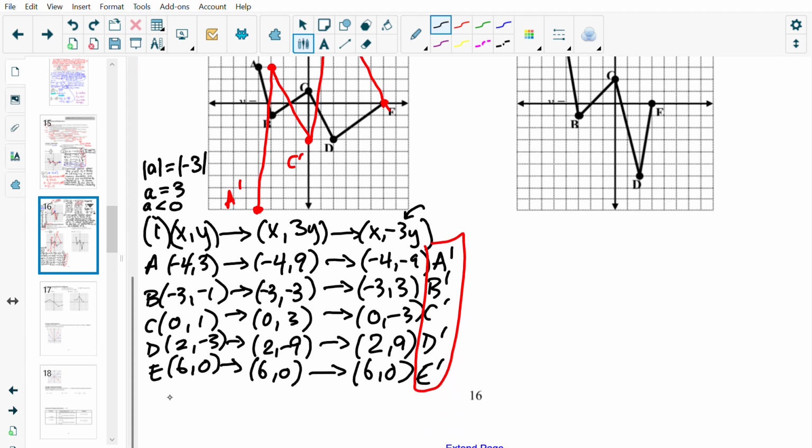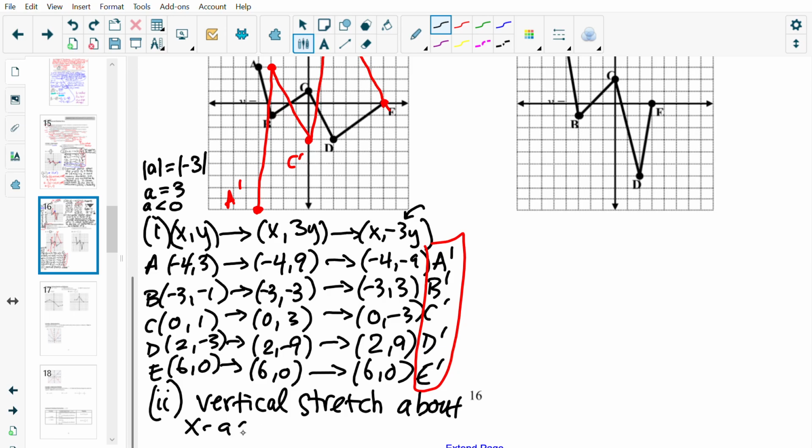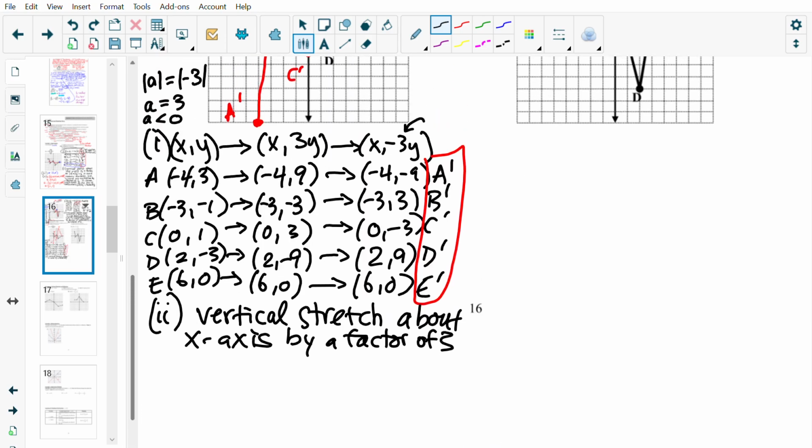Okay. Let's describe the transformation. This is a vertical stretch about the x-axis by a factor of 3. Also reflected in the x-axis.